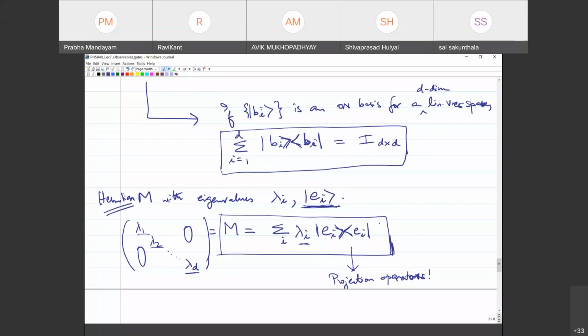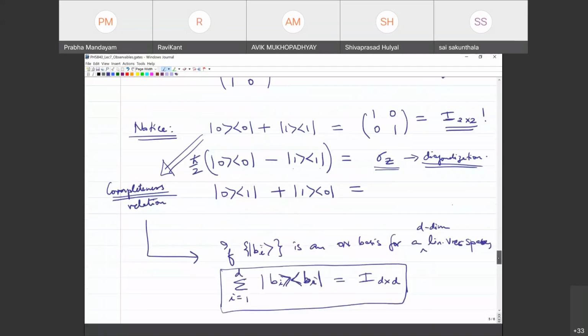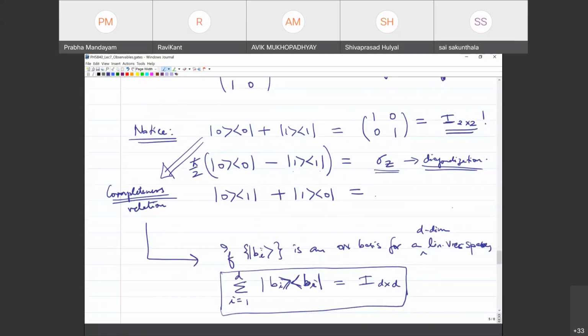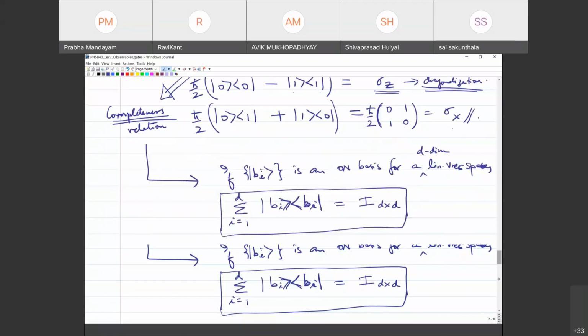Okay, the final thing, what is 0, 1 plus 1, 0? What matrix is that? Sigma X matrix. Indeed. So this is the matrix of the form 0, 1, 1, 0, right? So if I again put an h bar by 2 here, then this is sigma x. Okay. Now I leave you with this question.